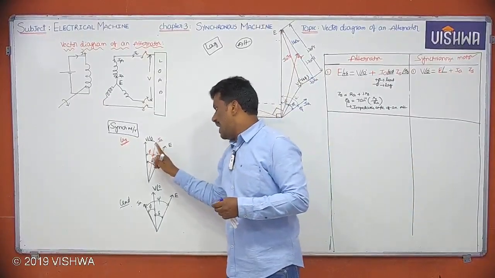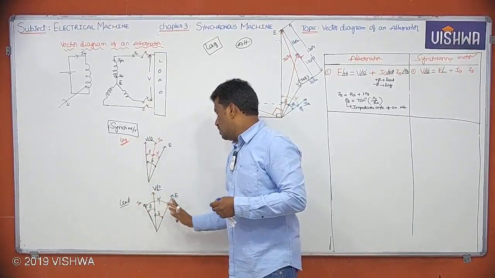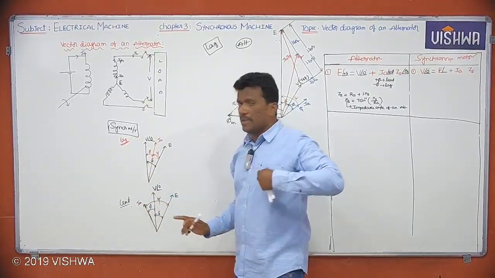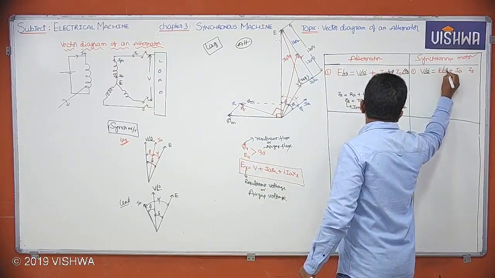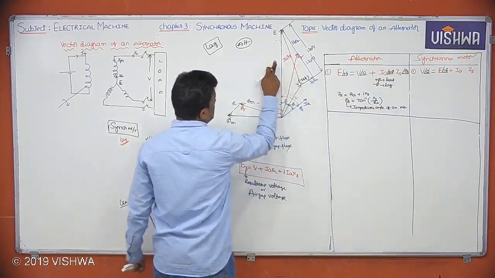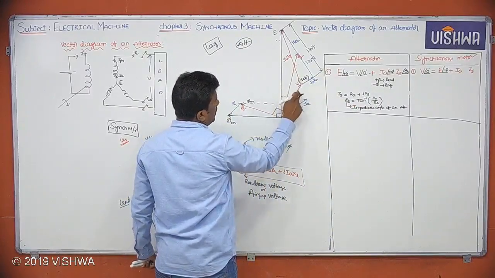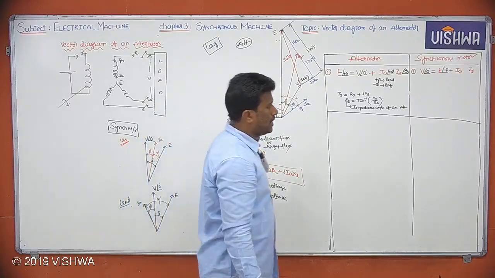Your E lags V by an angle of delta. In case of lag or lead also, E lags V by an angle of delta. So you should take minus delta. Don't confuse. In case of alternator, you have taken plus delta because E is leading V. Now you should take a minus delta.